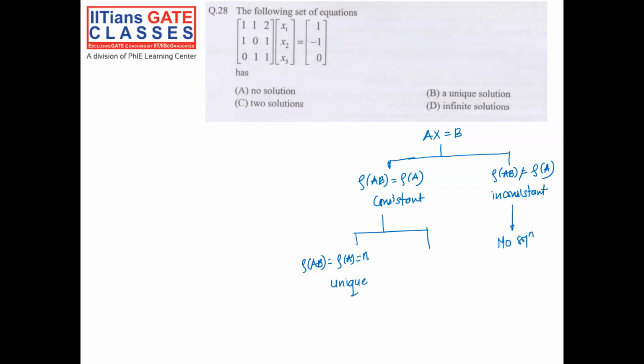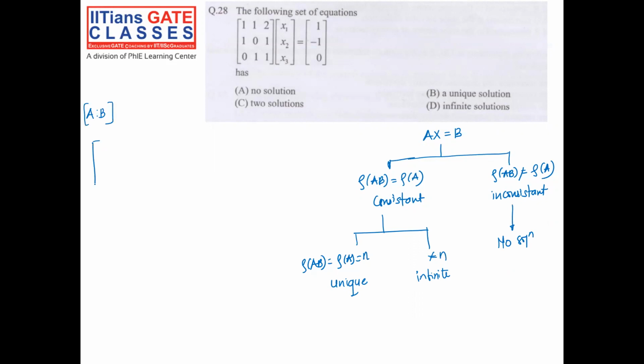And if it is not equal to n, in that case we'll get an infinite number of solutions. So this chart will help us to answer this question easily. So let's make an augmented matrix AB here.